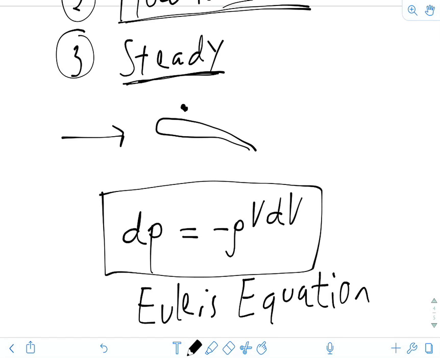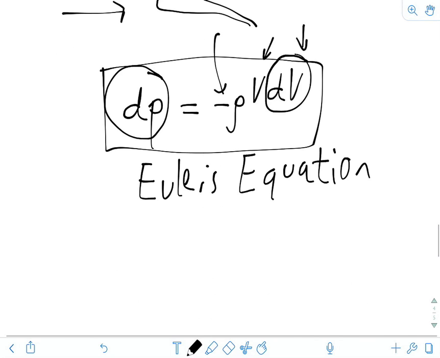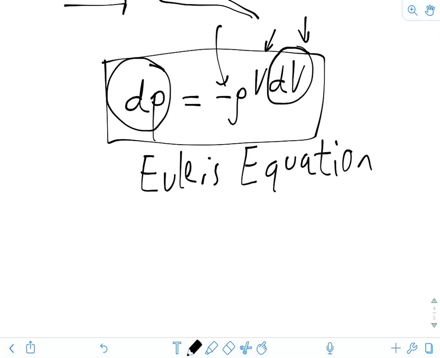You can see effectively you have a v squared in here, but it relates changes in pressure, dp, the differential change in pressure, to changes in velocity, dv. So pressure and velocity are negatively related, we see from right here. It is a very, very important fundamental equation, very powerful. Essentially, this governs steady, inviscid flow in the flow field.